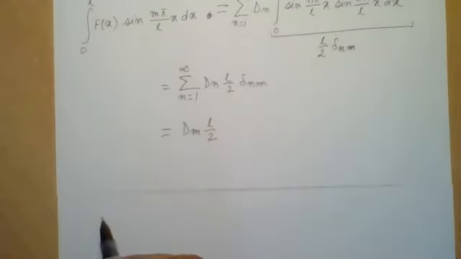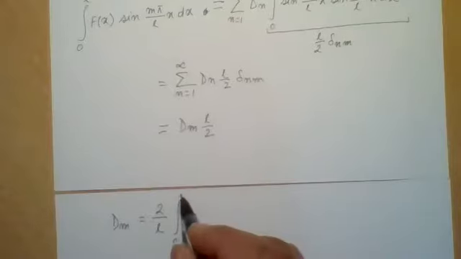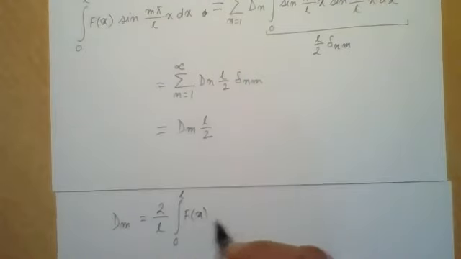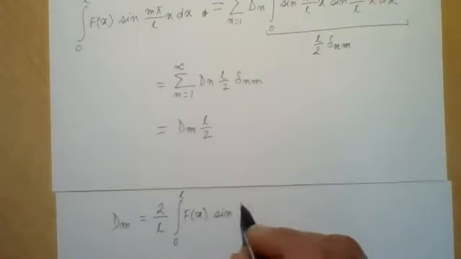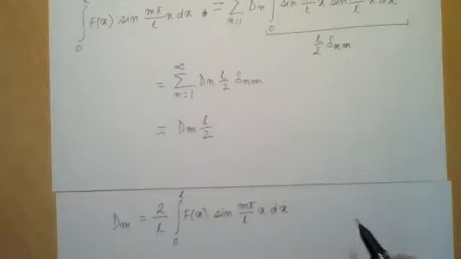So what do we get? We get, therefore, d_m is equal to 2 by L integration from 0 to L f(x) sin(m pi x by L) dx.